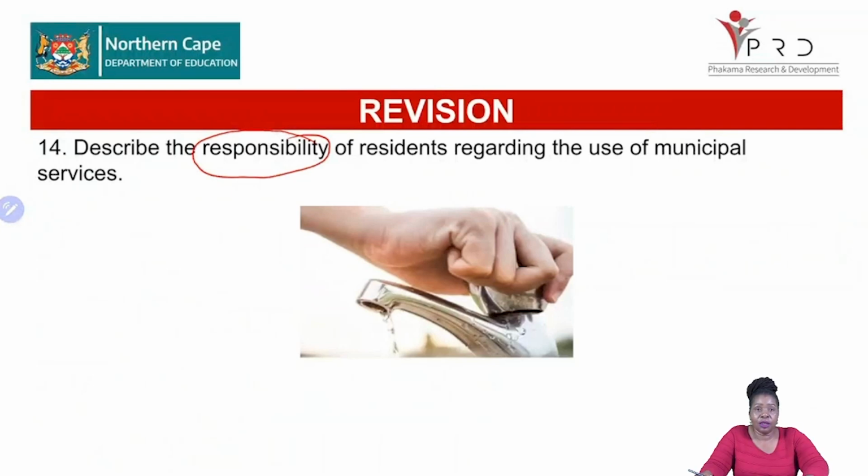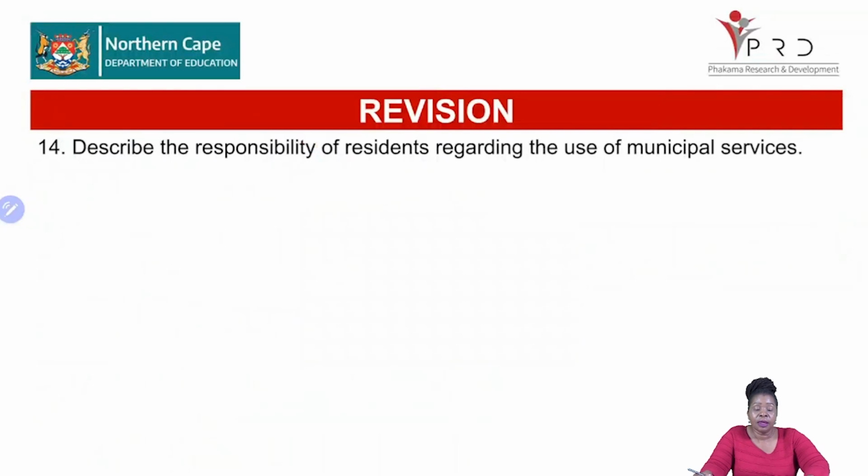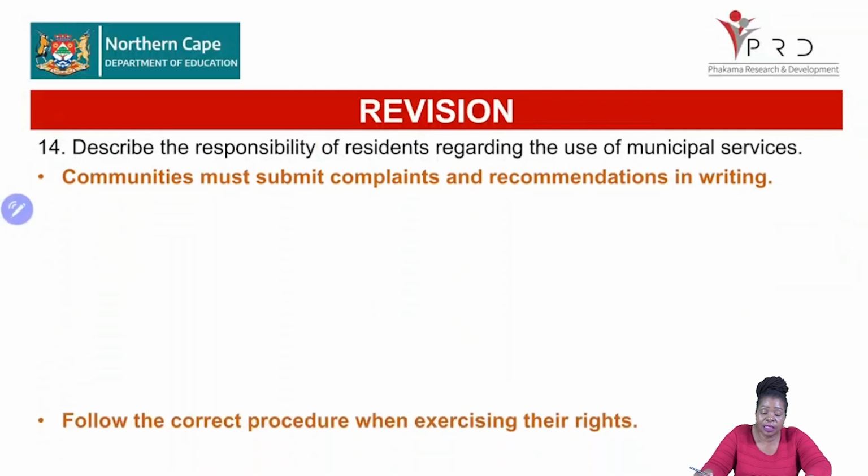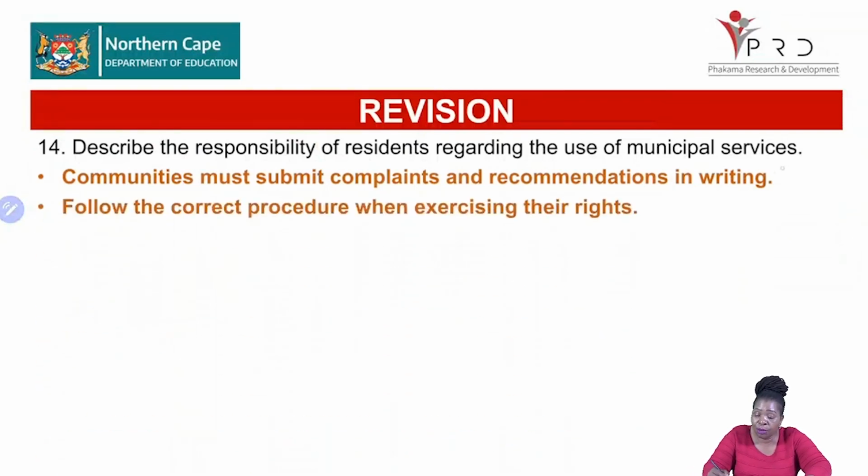Right, we should be done with question 14. Let's move on to the answers. Right, we're supposed to describe the responsibility of residents regarding the use of municipal services. So, communities must submit complaints and recommendations in writing.